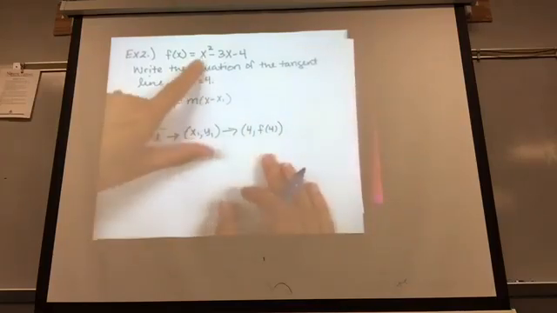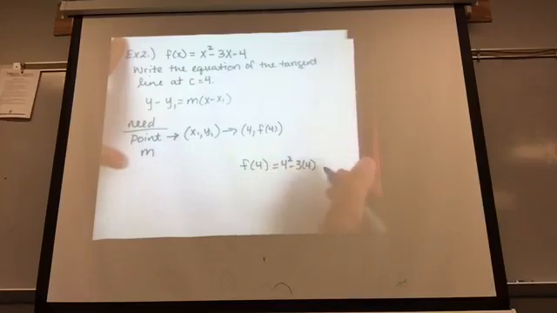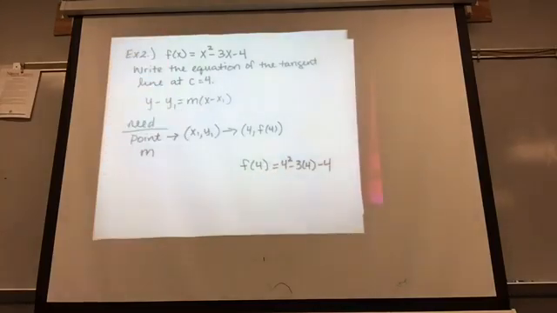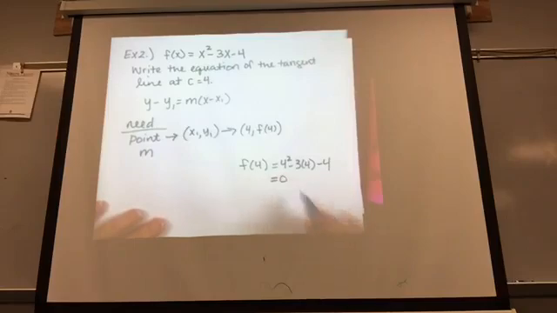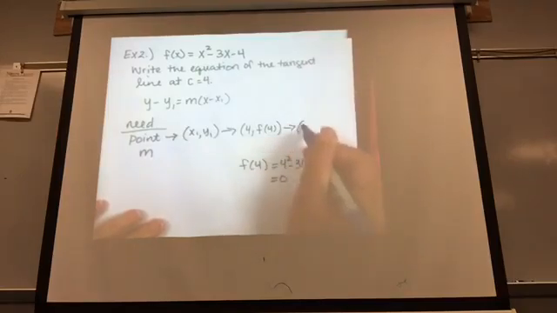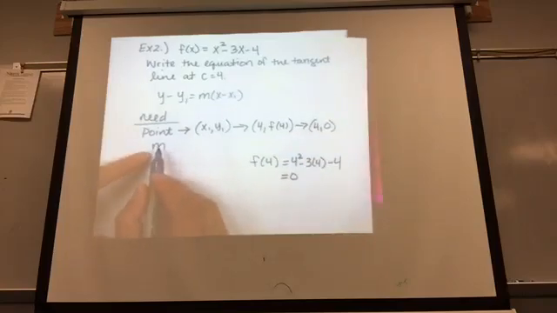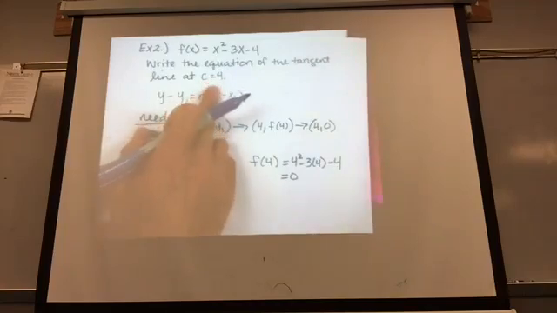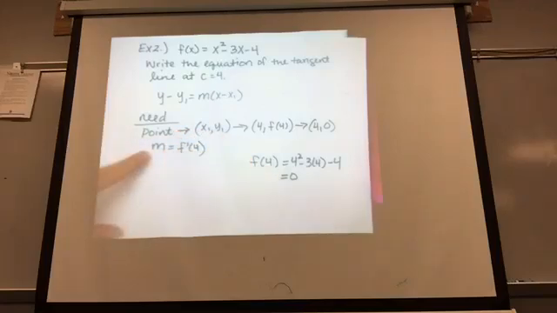So if I plug 4 in, f of 4 will be 4 squared minus 3 times 4 minus 4. 16 minus 12 minus 4. 0. So there's my point. And now I know I need my slope at 4. So I need to find f prime of 4.